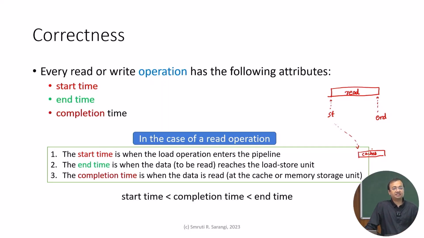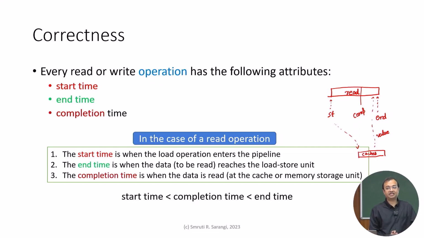We can think of that as the completion time. And then, of course, the value finds its way back to the CPU, and finally the operation ends. So at some point, you actually have the completion time of the read, where you lock the value, and then the value comes back and the operation finishes.